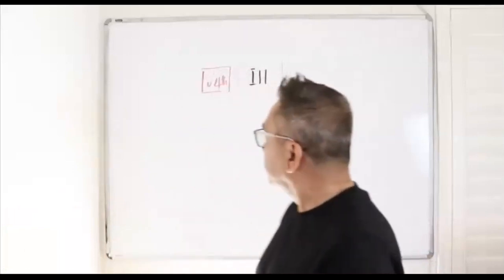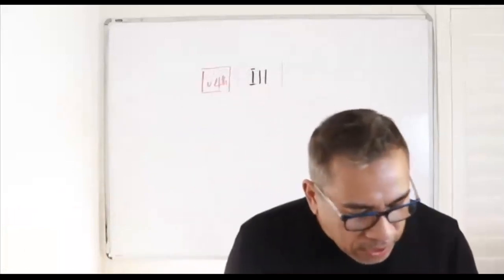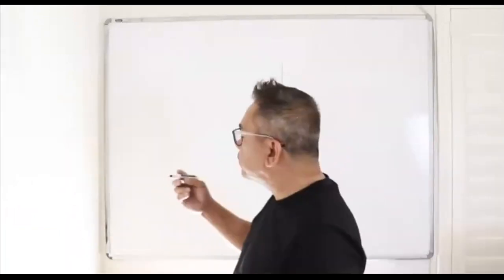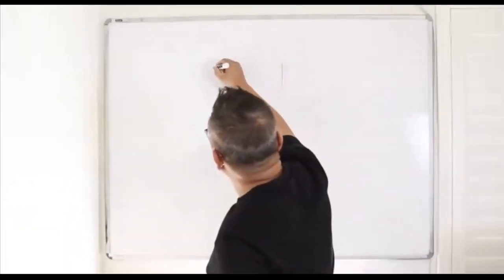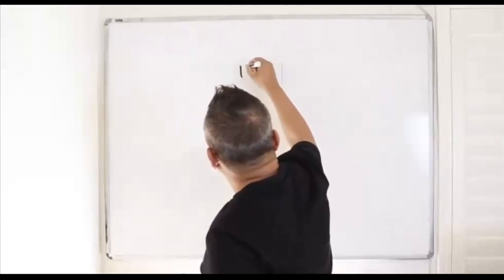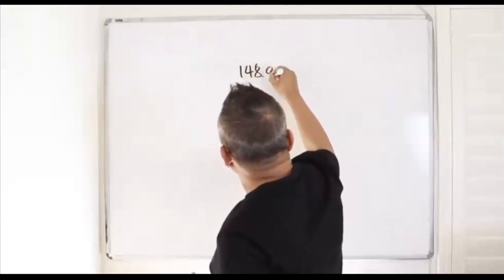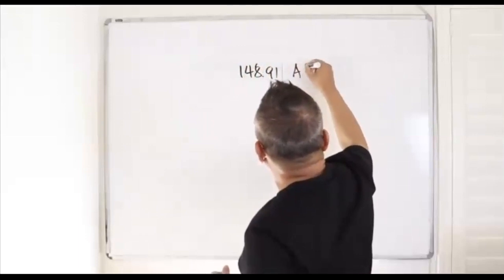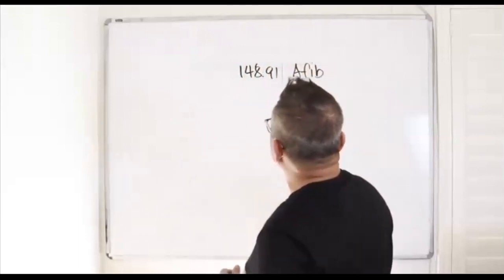So, what is the code for atrial fibrillation? Does anyone know? Yes, AFib is I-48.91, right? This is your atrial fibrillation.